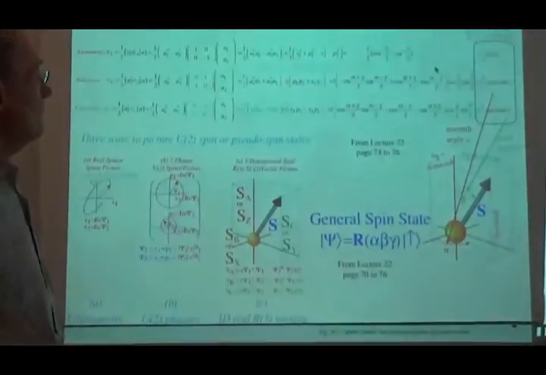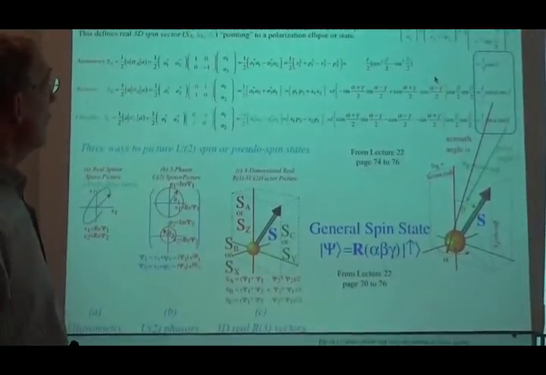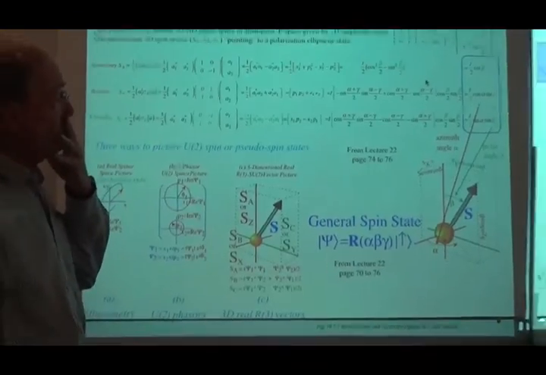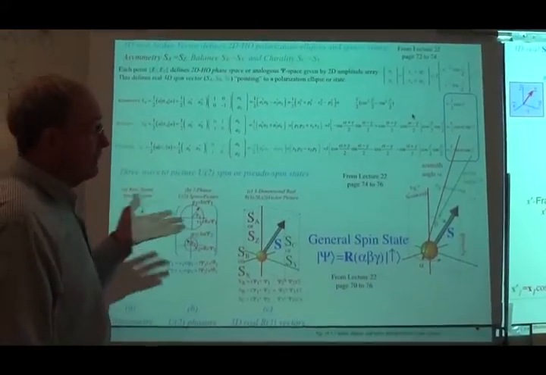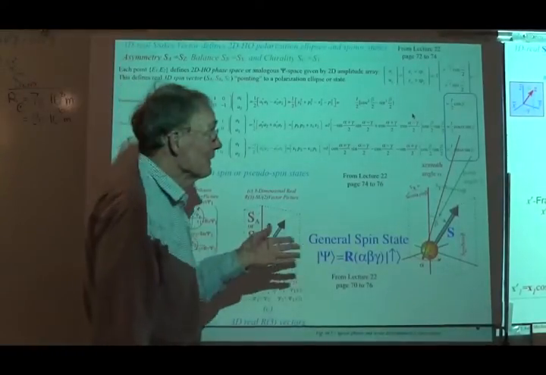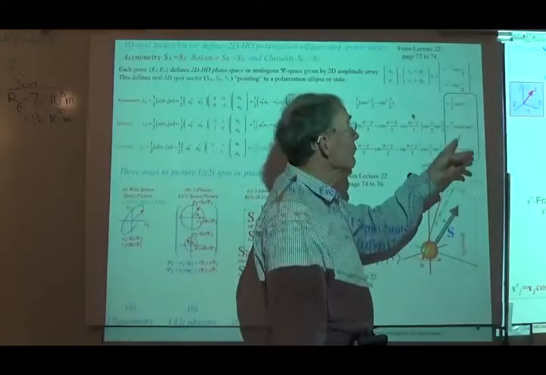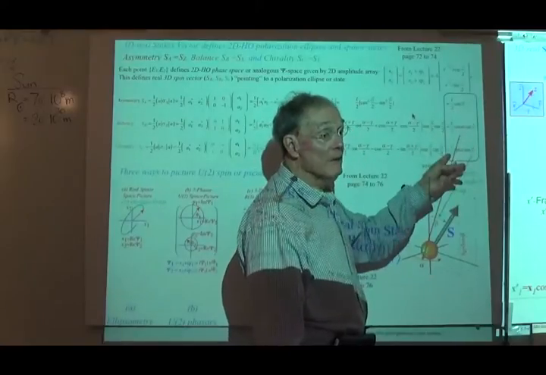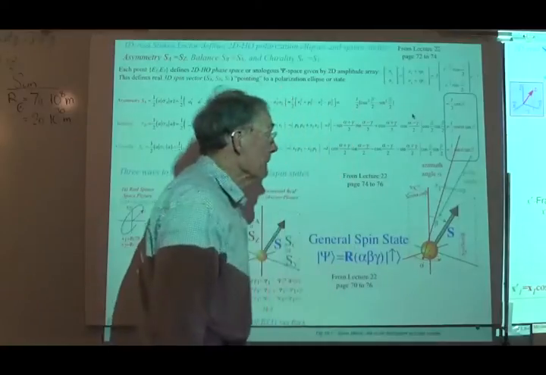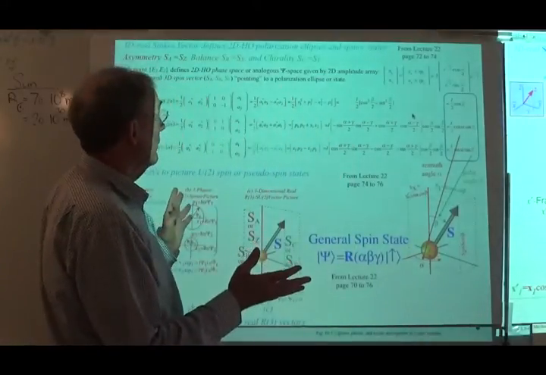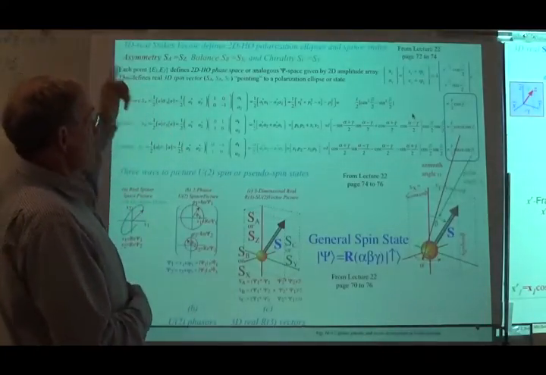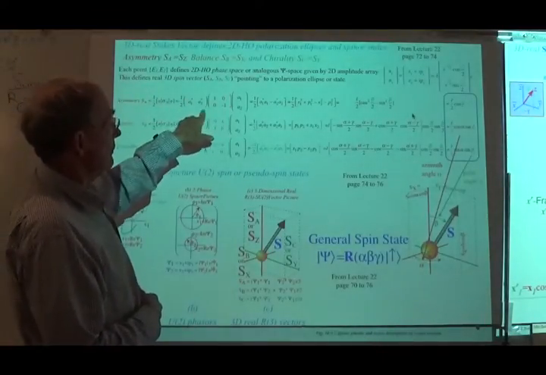Okay, before we go on and do that, let me remind you that if you're doing this algebraically and you're interested in the components of the spin vector, those components are defined by alpha and beta in the normal polar coordinate way. Beta is theta, alpha is phi. Okay? And gamma's out of here because we got the expectation value by something that can only give real numbers.